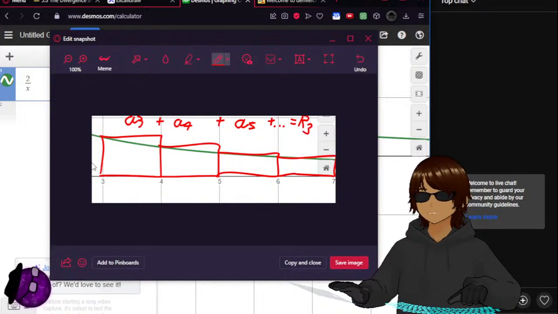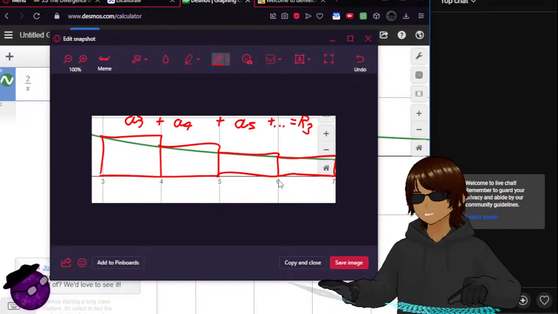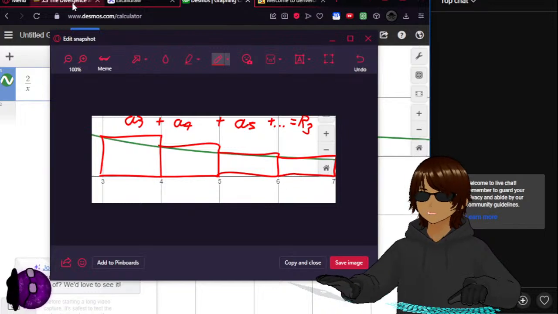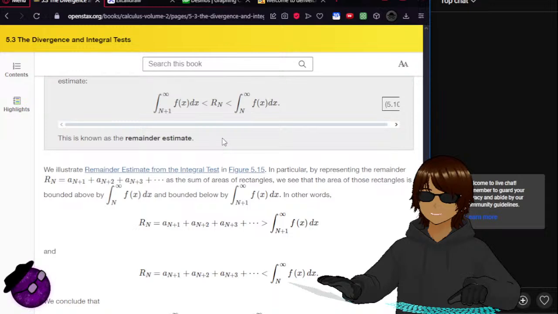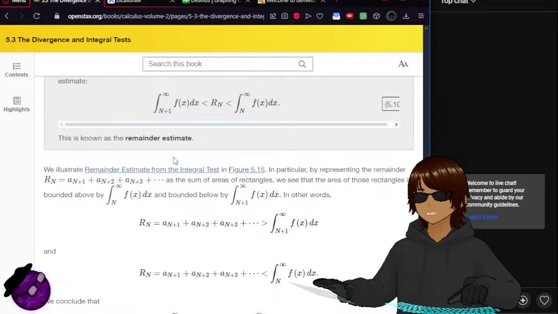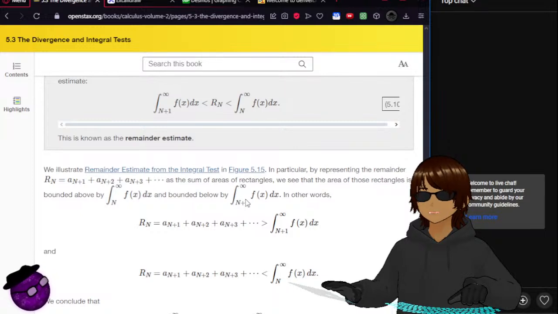Because we already calculated the ones before, we are looking for the remainder. But what they're saying is that the area of those rectangles is bounded above by the integral from n to infinity, and below by the integral from n plus 1 to infinity.